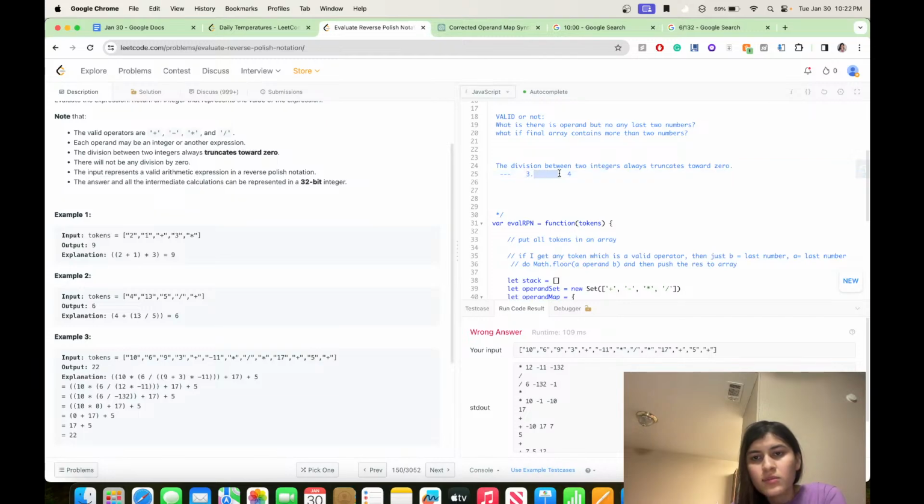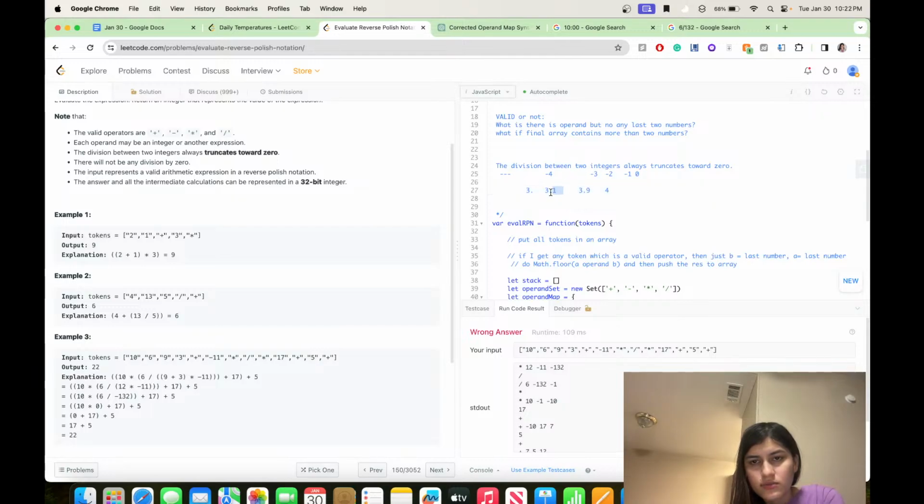Any number between 3 and 4, if it truncates towards 0, should return 3. Suppose there is minus 4 and minus 3, what will be the number between minus 4 and minus 3? Numbers between 3 and 4 would have been 3.1 up to 3.9, right?